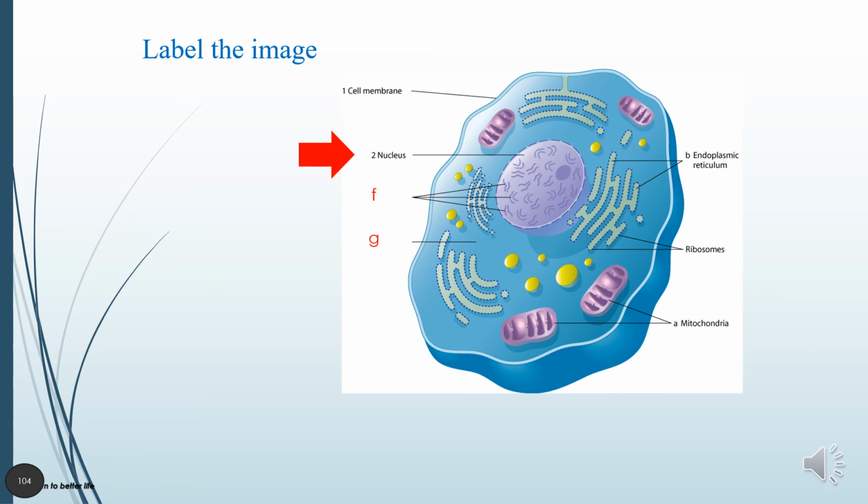E is nucleus. F is chromosomes. G is cytoplasm. Please learn about this cell and its structures.